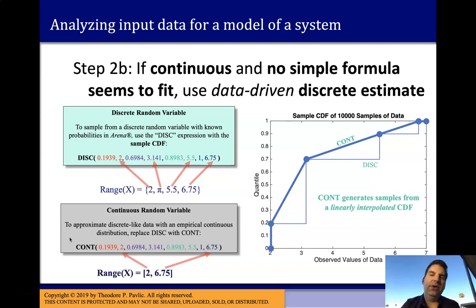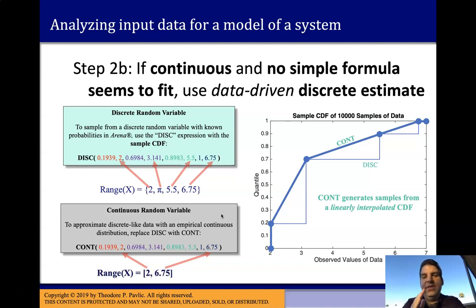Well, you can use those 20 bins as a sort of discrete distribution which approximates your continuous distribution, and then use CONT with the centers of those bins as the outcomes, and the cumulative distribution that you form from those bins as each one of these cumulative distribution marks in this CONT here, and then this CONT line will end up approximating the continuous data that you gathered.